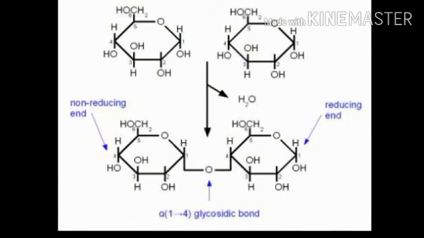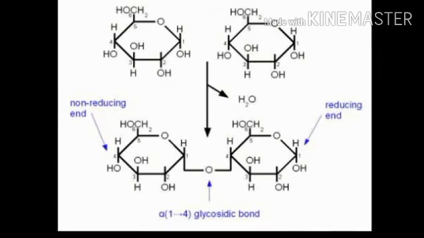Here we see two glucose molecules united by an alpha 1,4 glycosidic linkage. Carbon number 1 of the first sugar is joined with carbon number 4 of the second sugar. Here two hydroxyl groups are joined to each other and elimination of a water molecule takes place.